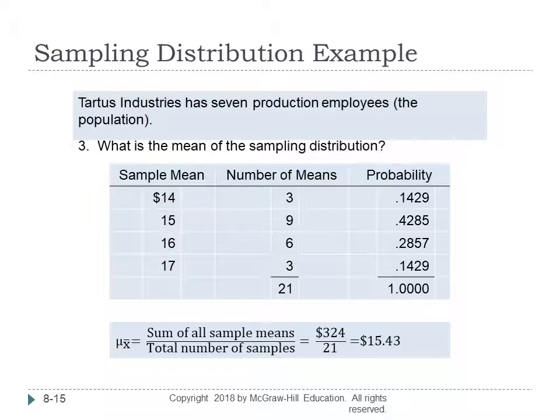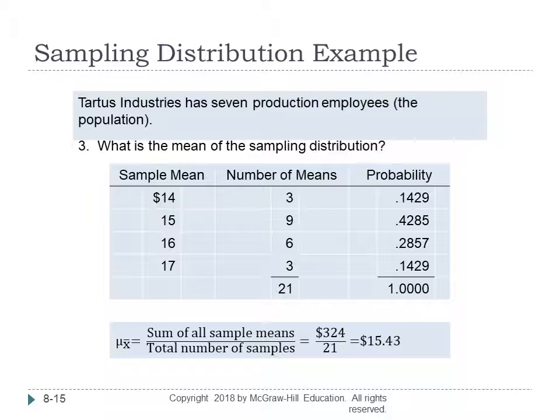The same thing we do for 15. It turns out there are 9 samples that have sample mean equal to 15. The probability is just the relative frequency, which in this case is 0.4285. For sample mean equal to 16, there are 6 samples, and the relative frequency is 0.2857.